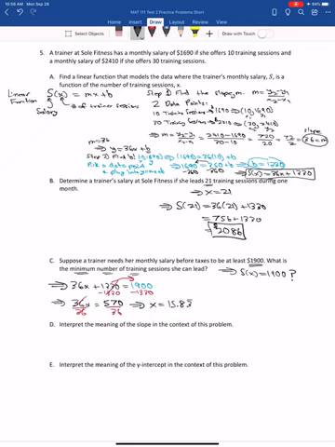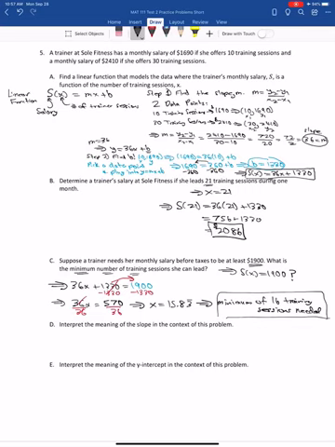With that said, if she needs to be at least $1,900, how many training sessions? So that implies a minimum of 16 sessions. There's the answer. So 16 of them.